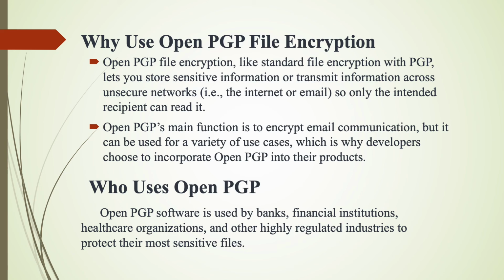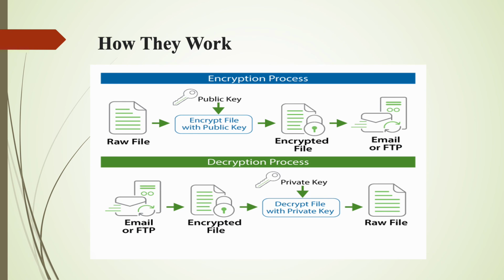OpenPGP's main function is to encrypt email communication, but it can be used for a variety of use cases, which is why developers choose to incorporate OpenPGP into their products. Now let's take a look at an image. This one clearly shows how PGP and OpenPGP work.